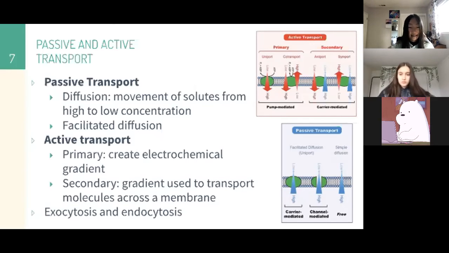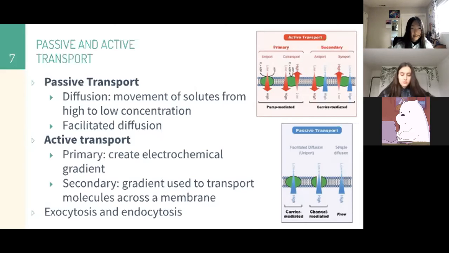And then next is secondary, which is where a gradient is used to transport molecules across a membrane. So basically, after these primary transporters move all the solutes against the gradient, the secondary transport will allow the solutes to move back down the concentration gradient.